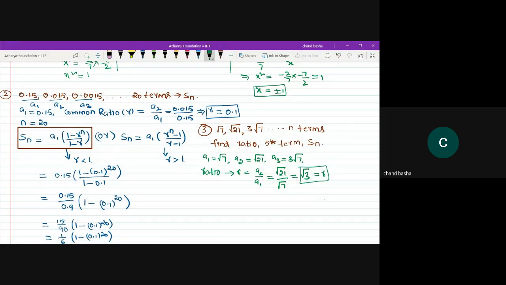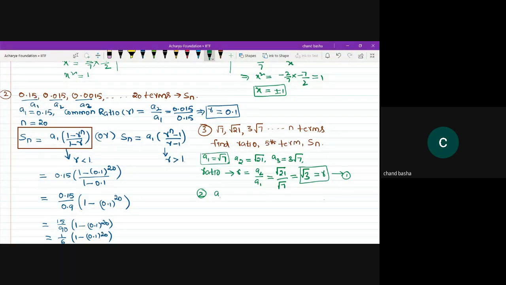Next, what is asking? Fifth term. This is the first point and it is the second point. Common ratio I'm finding here, this is the first point. And A1 already we got as root 7.